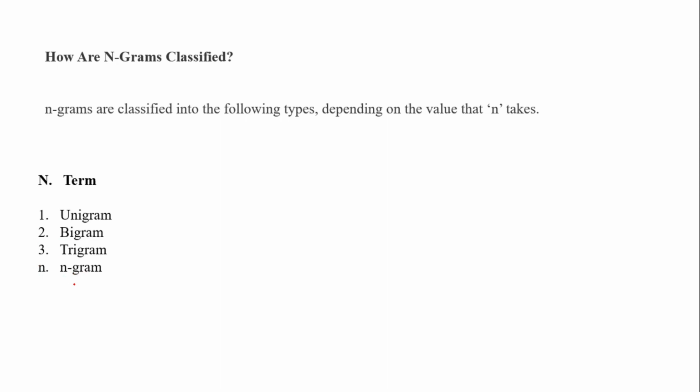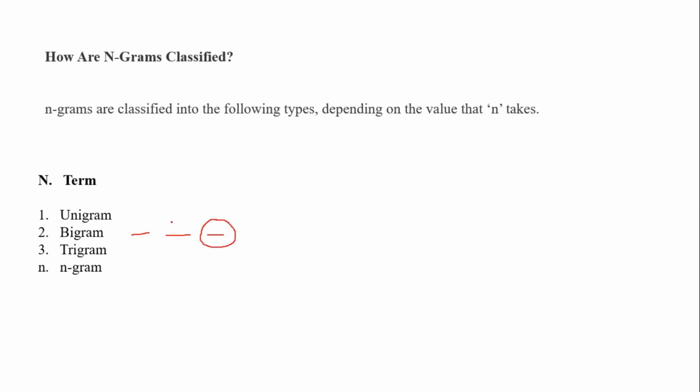So what is meant by unigram? For defining a unigram, we don't need any history or any previous words. Whereas bigram means we can predict the next word based on the previous word. Suppose these are three words in a sentence, and I want to predict this third word.